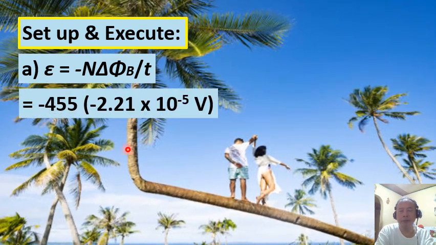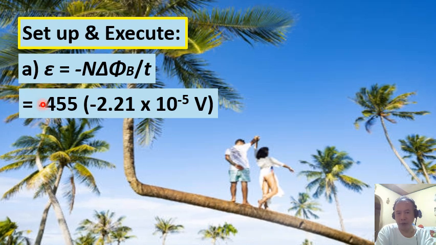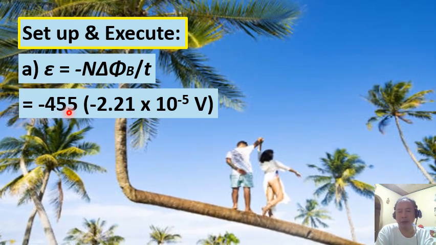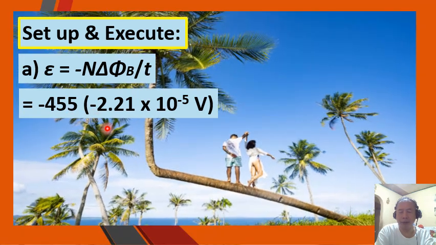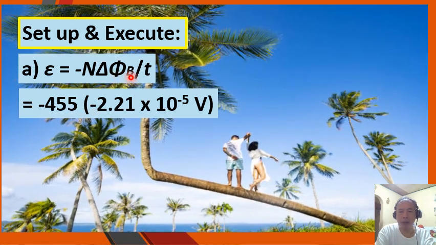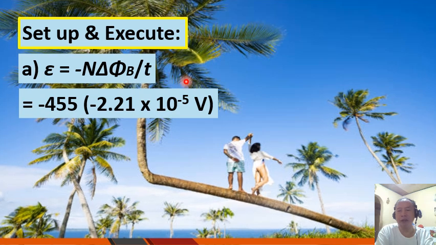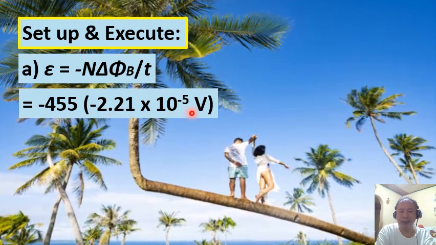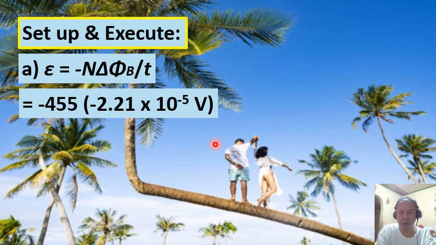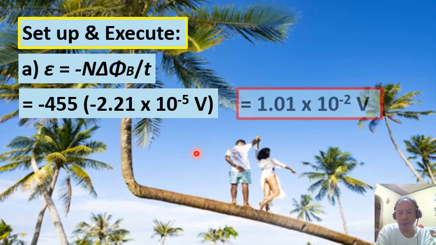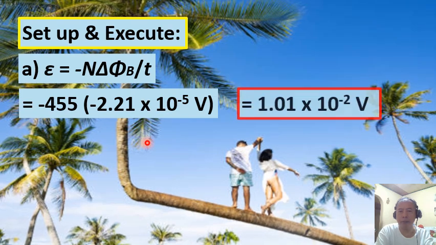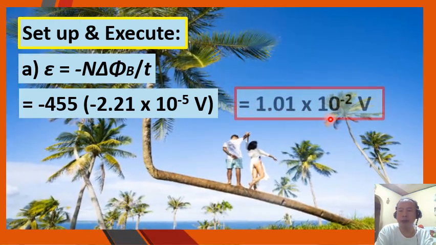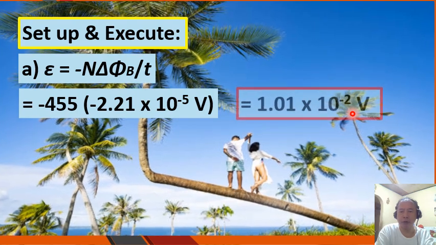That is, the induced EMF epsilon equals negative 455, the number of turns in the coil, multiplied by delta phi sub B over delta t, already calculated earlier, negative 2.21 times 10 to the negative 5 volts, or the magnitude of the induced EMF epsilon equals 1.01 times 10 to the negative 2 volts.